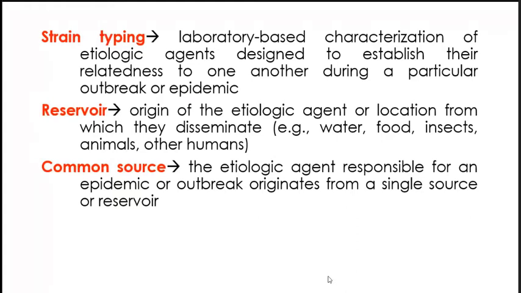Whereas a common source would be the etiologic agent responsible for an epidemic or outbreak originates from a single source or reservoir. Okay? This would be more common yun sa mga foodborne infections, or when we say of common source, like more ito sa gastrointestinal infections.